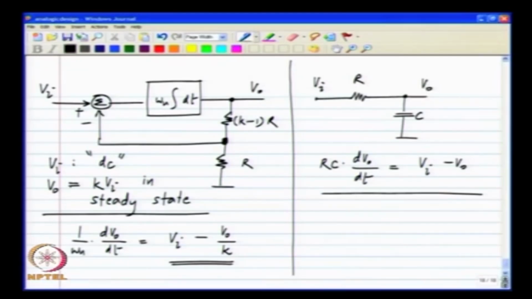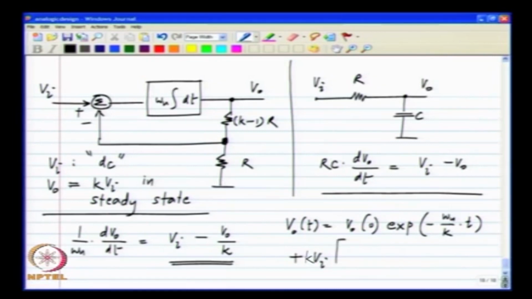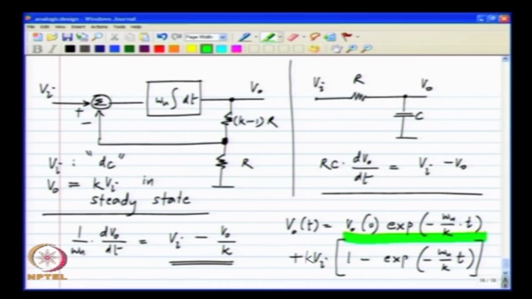So, the solutions to them are same as well, and the solutions are given by, so the first part is the initial condition which decays with a certain time constant, and the second part is related to the input Vi and it grows with the same time constant.